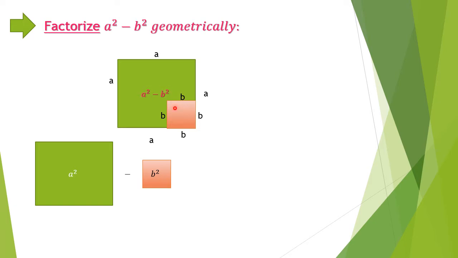After we take this part out, with a different color, the b square part is also a square, all its sides are b. If we take this part from the bigger square a square, the remaining is a square minus b square. Now we cut that part also.